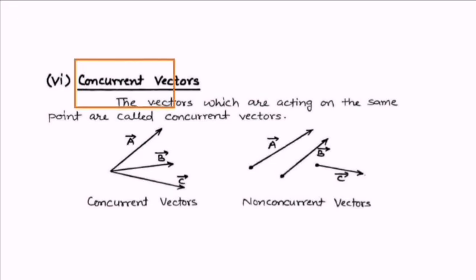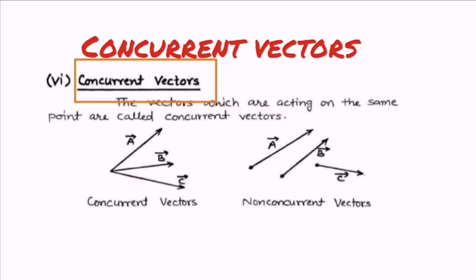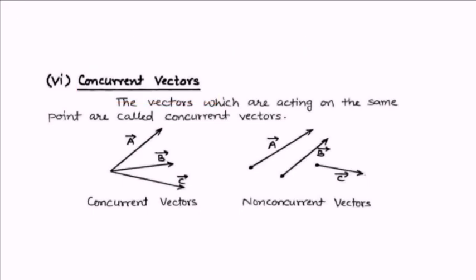Concurrent vectors. Two vectors which are acting at the same point are called concurrent vectors.